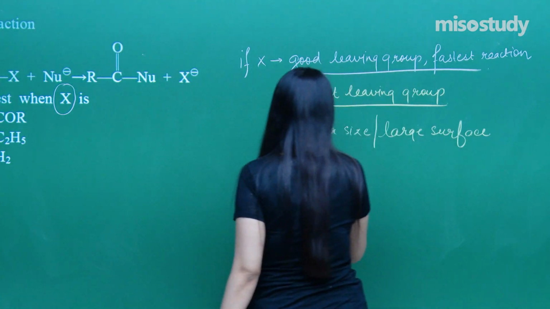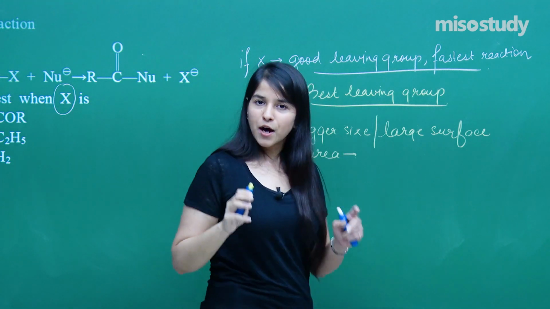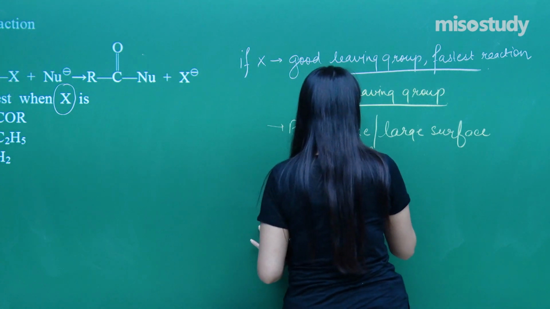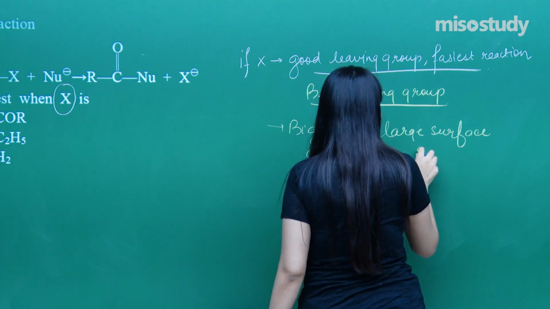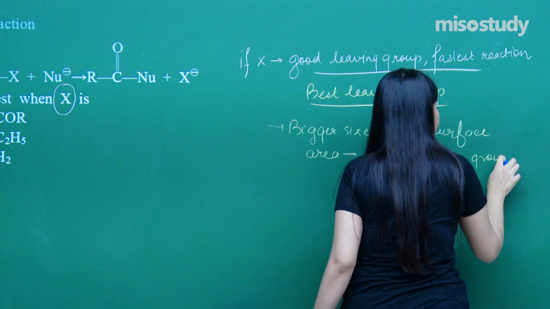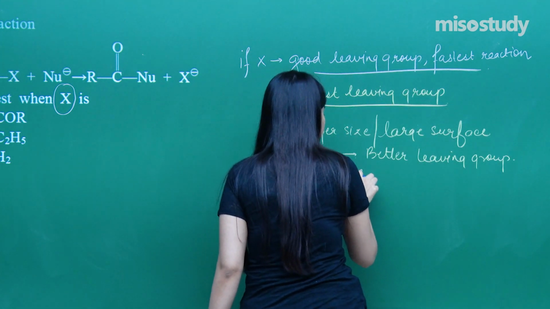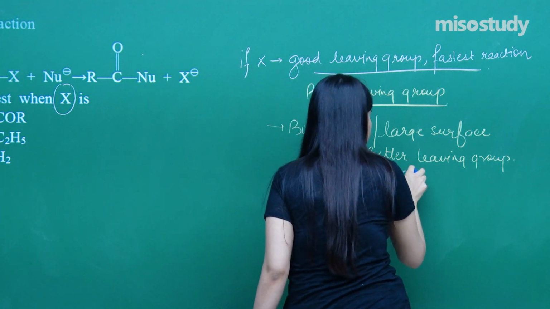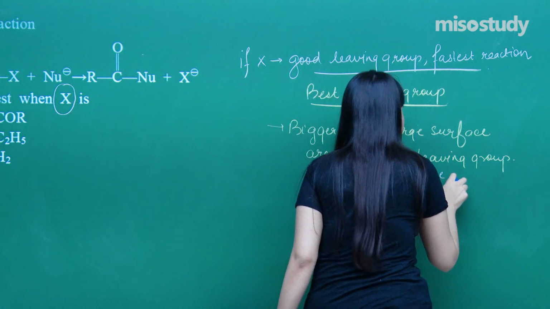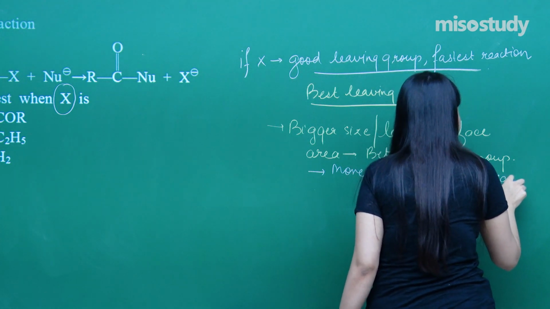Large surface area means a better leaving group. That means more charge dispersal, more negative charge dispersal. That is what the definition of the leaving group says.